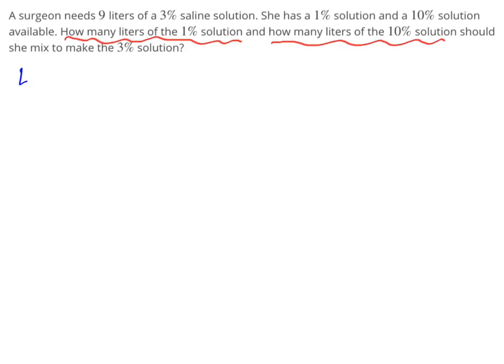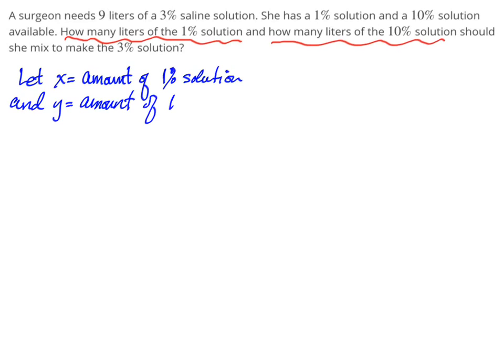So our two variables are going to be x and y. We're going to let x be the amount of 1% solution, in liters, and y be the amount of 10% solution in liters.